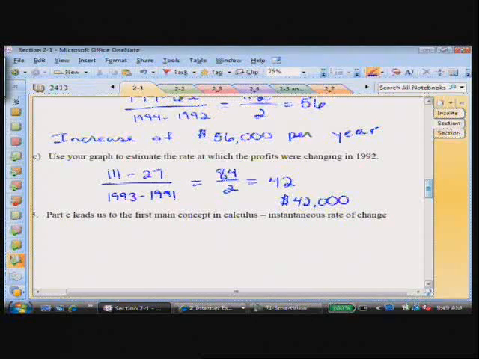You want to get back to describe the path of that object, so you have to use what we call integral calculus. You have to go from the rate of change back to the function, whereas right now we have the function and we're going to the rate of change.